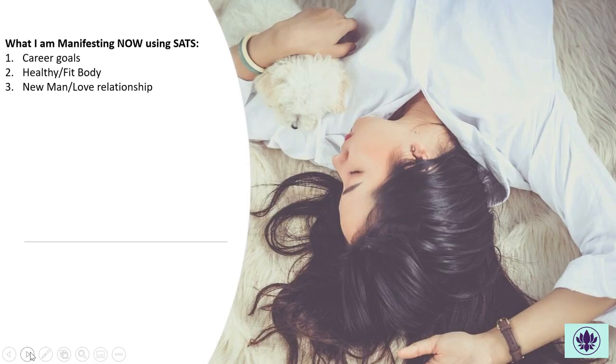I imagine the clothes that I would wear, like going out shopping for a size smaller than what I'm wearing right now. So I just imagine that I already have that fit body. And interestingly enough, I'm not killing myself to lose the weight. It's just naturally coming off of my body.